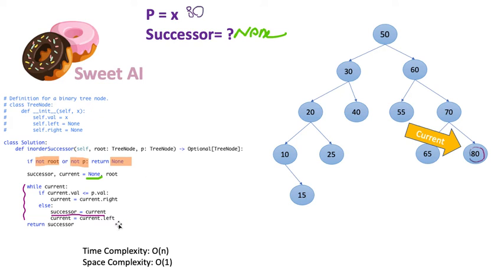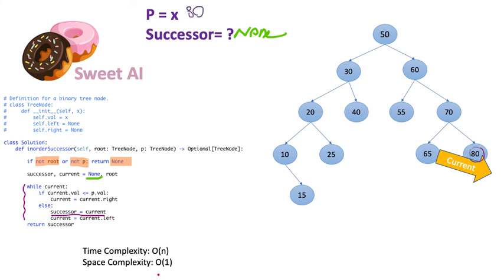So we update this and it points to null, and we return the successor, which is none. As you see here, we don't have any node bigger than 80 in this binary search tree, and none is the right answer.